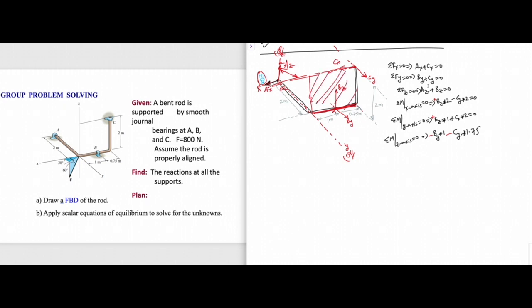How far is this line from that plane? I want you to tell me that distance. Isn't it 2 meters? That distance is 2 meters. So CX is 2 meters away from z-axis.